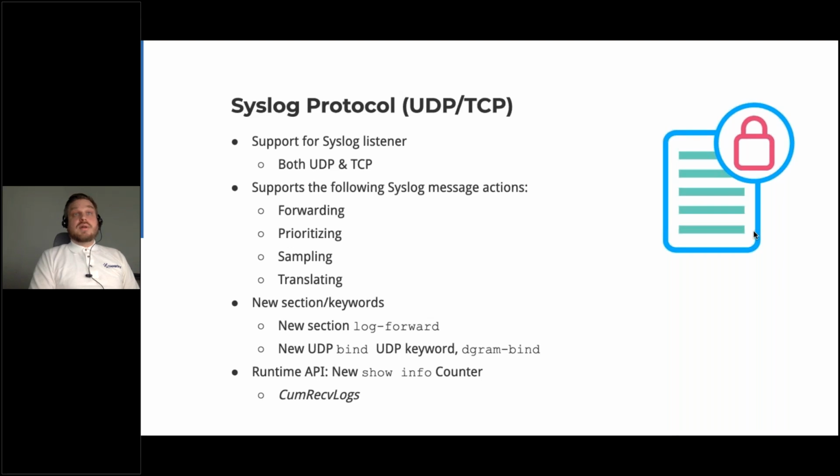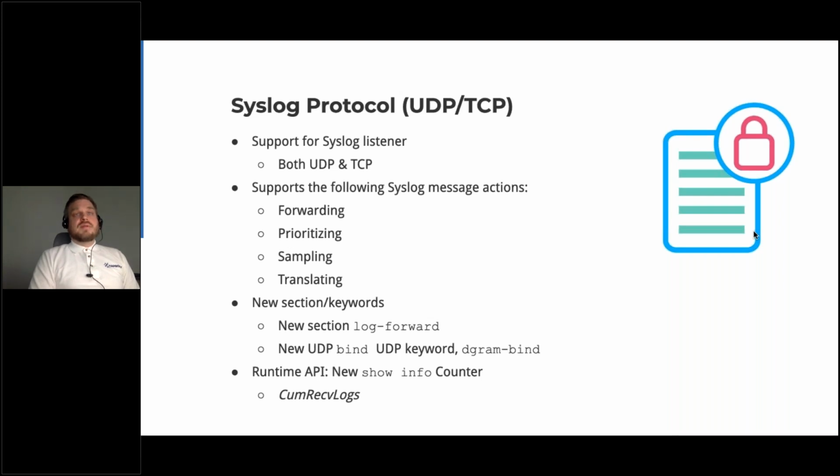You can also prioritize these messages by having HAProxy look at the priority for each message and send certain priorities to certain servers or backends. For example, maybe you want critical priority messages to go to a pool of syslog servers that you use specifically for collecting alerts and issues from your services.